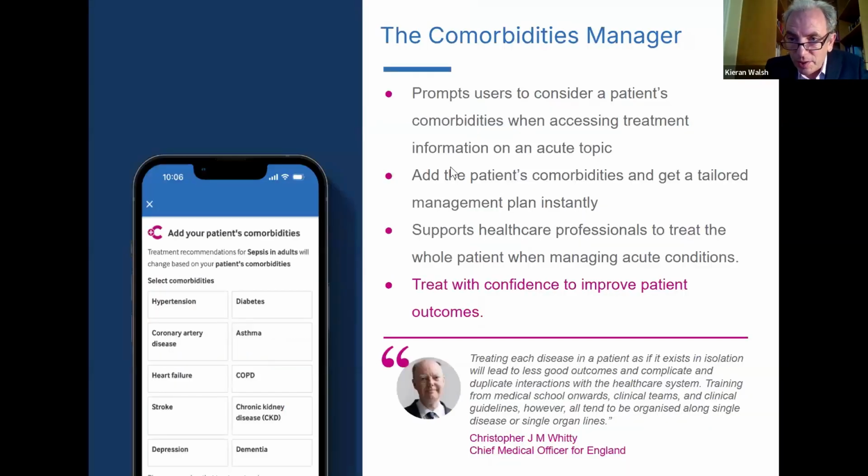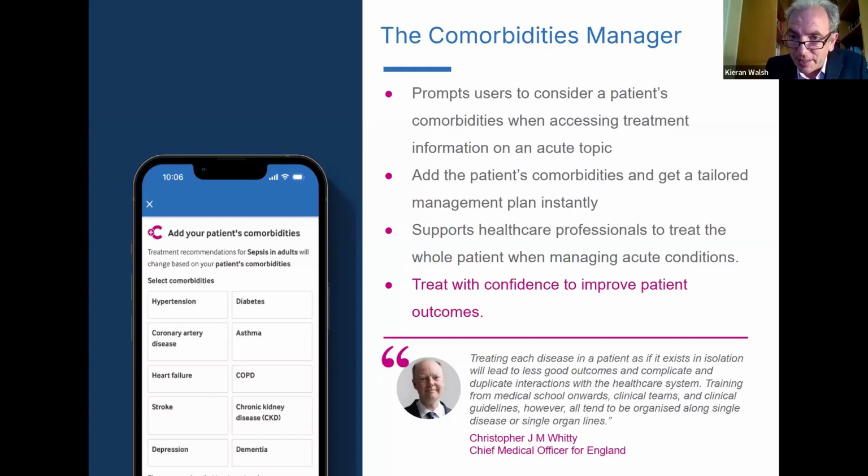In light of all these problems, about 3 years ago, we launched an add-on to BMJ Best Practice, which we called the BMJ Best Practice Comorbidities Manager. It prompts clinicians to consider a patient's comorbidities when finding information about treatment of an acute condition.